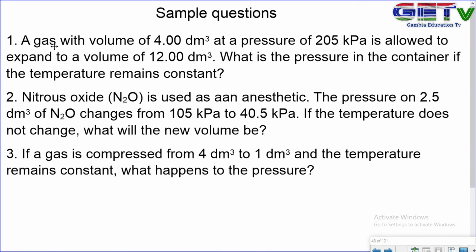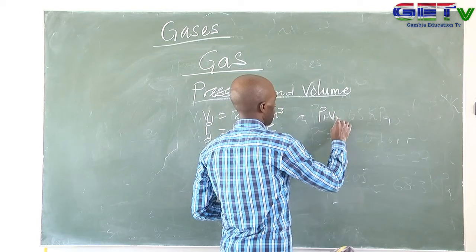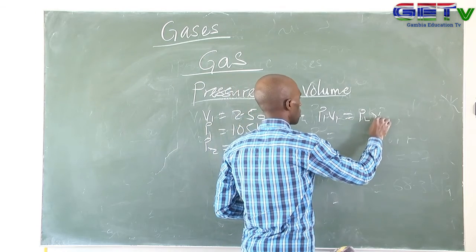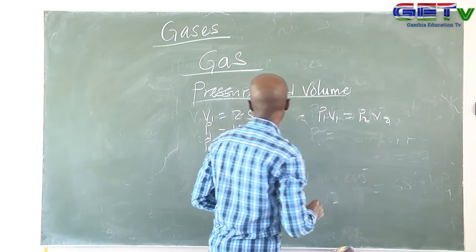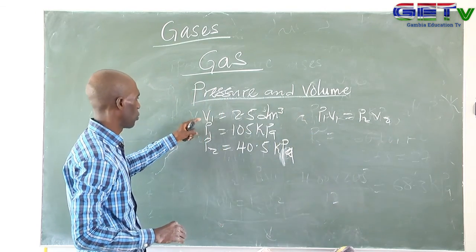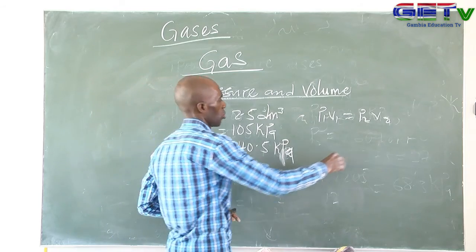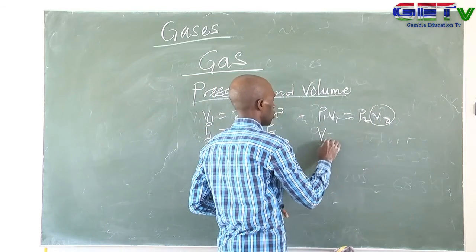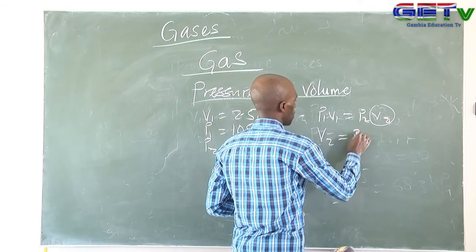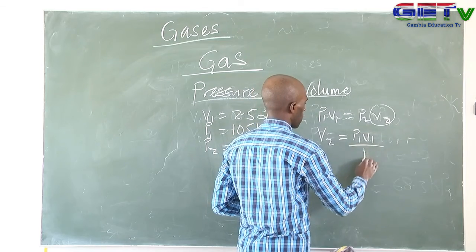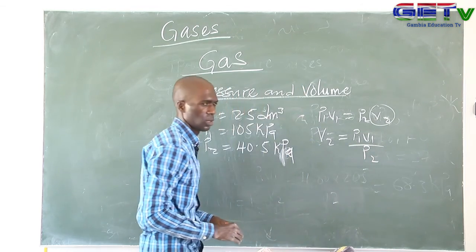We write our formula, P1 V1 equals P2 V2. And in this question, we know V1, we know P1, and we know P2, but we don't know V2. So V2 will be P1 V1 all over P2.